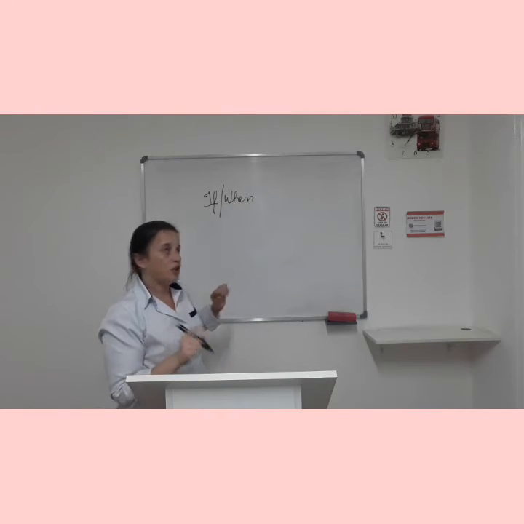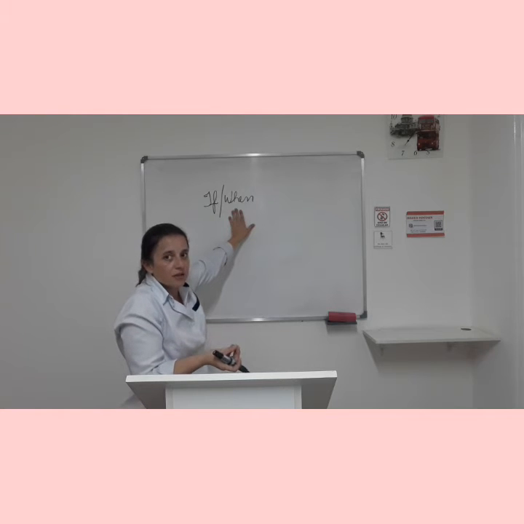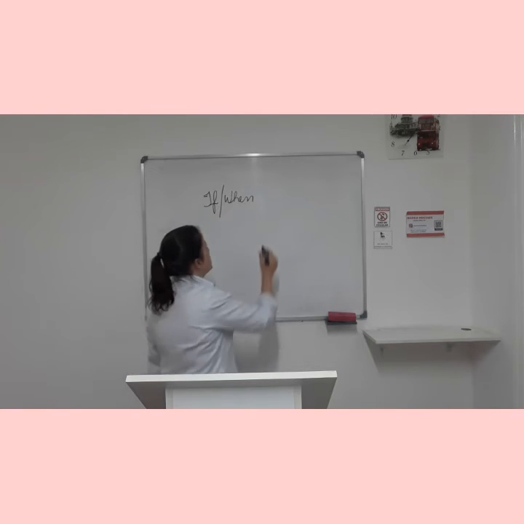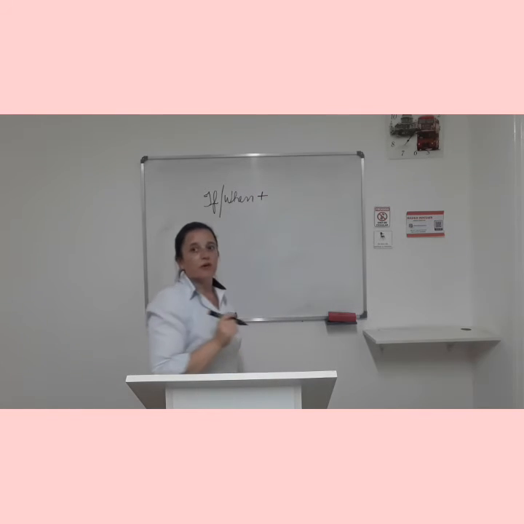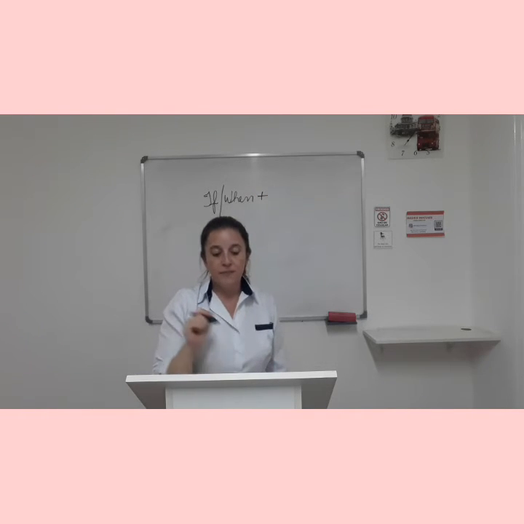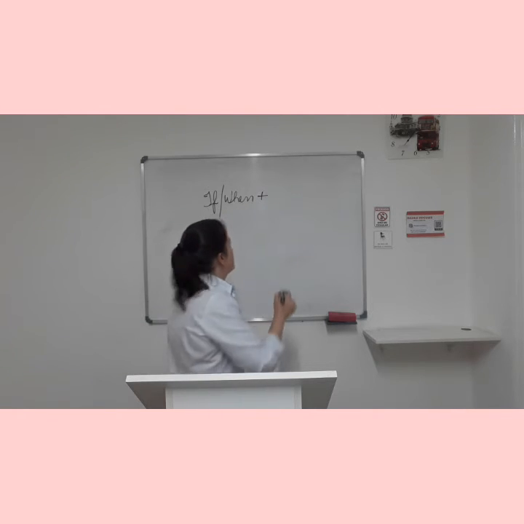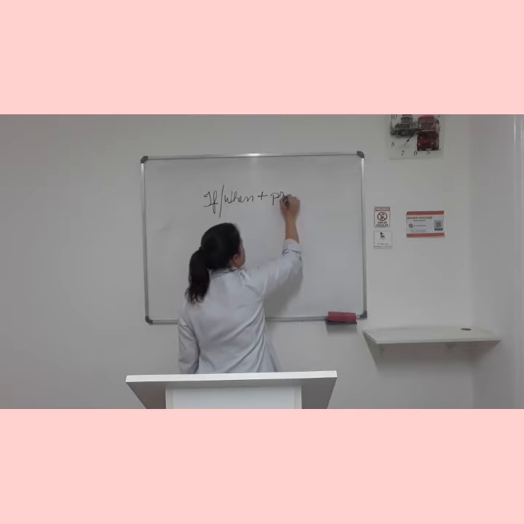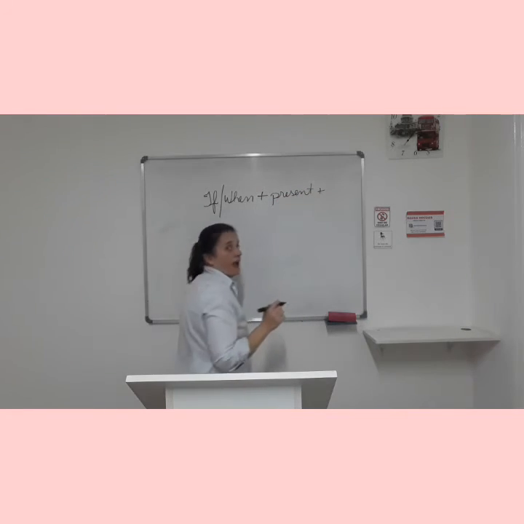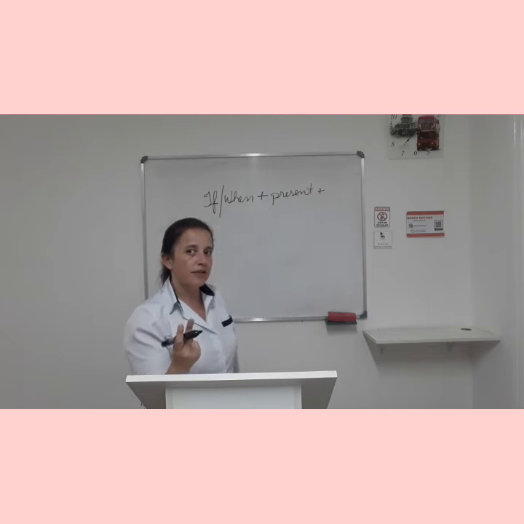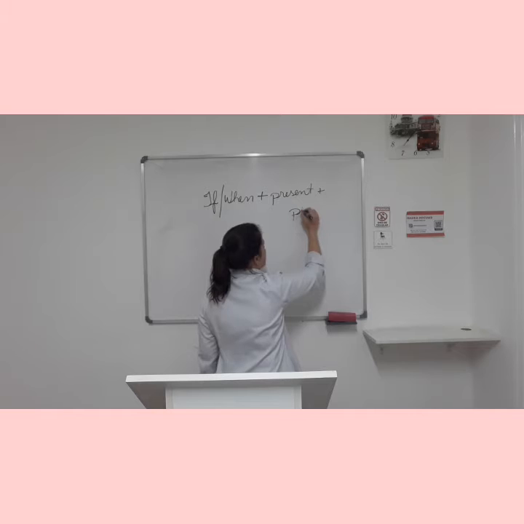In the zero conditional, when is much more common because it's a fact. So, if or when, then it's followed by present simple, and the second clause, the second part of the information, is also in the present.